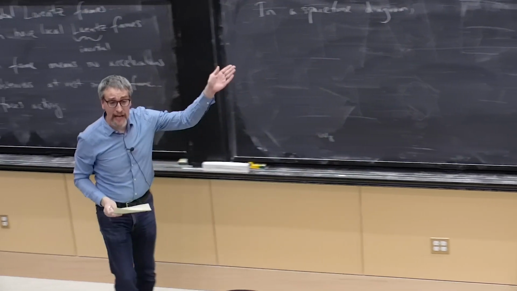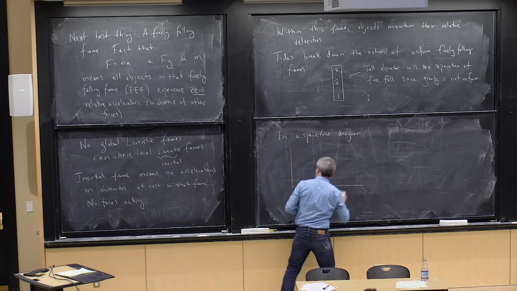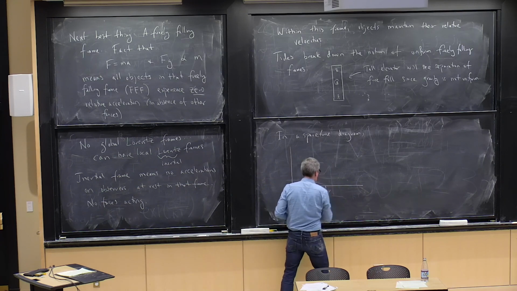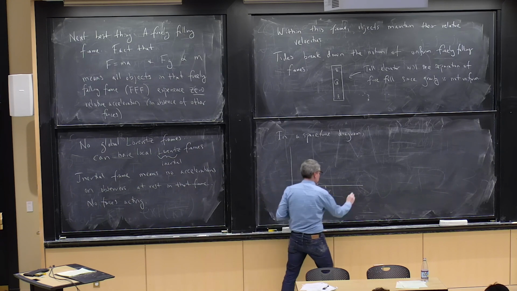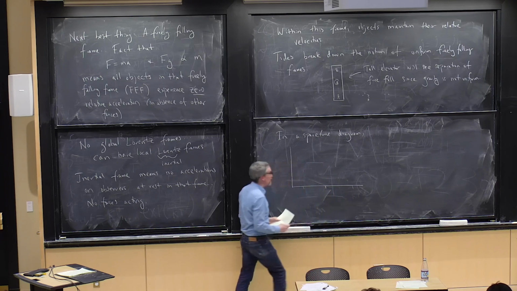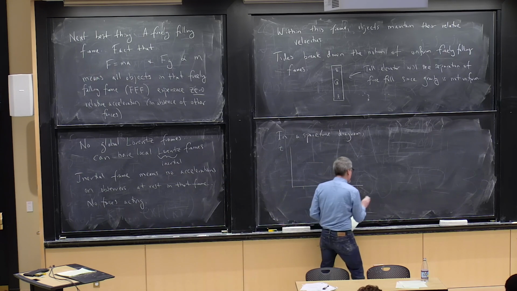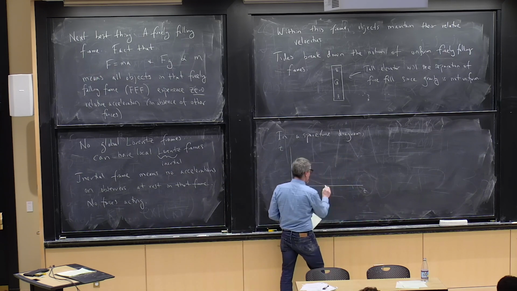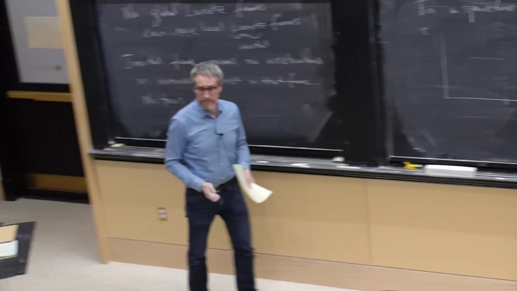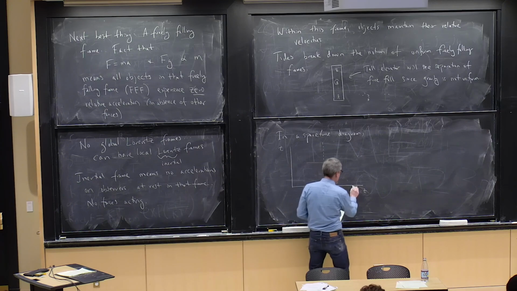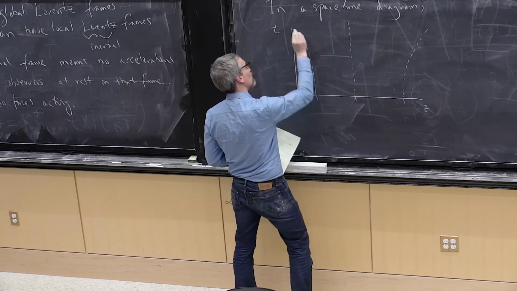What we would find if we make our trajectories as we fall, in fact, let's just go ahead and make a little sketch of this. Okay, so let's say here is the middle, here is the top, here is the bottom. And I'm going to draw this in coordinates that are fixed on the person in the middle. So the person in the middle, in their freely falling frame, thinks they're standing still. But they see the person at the top moving up and away, the person at the bottom moving down and away.